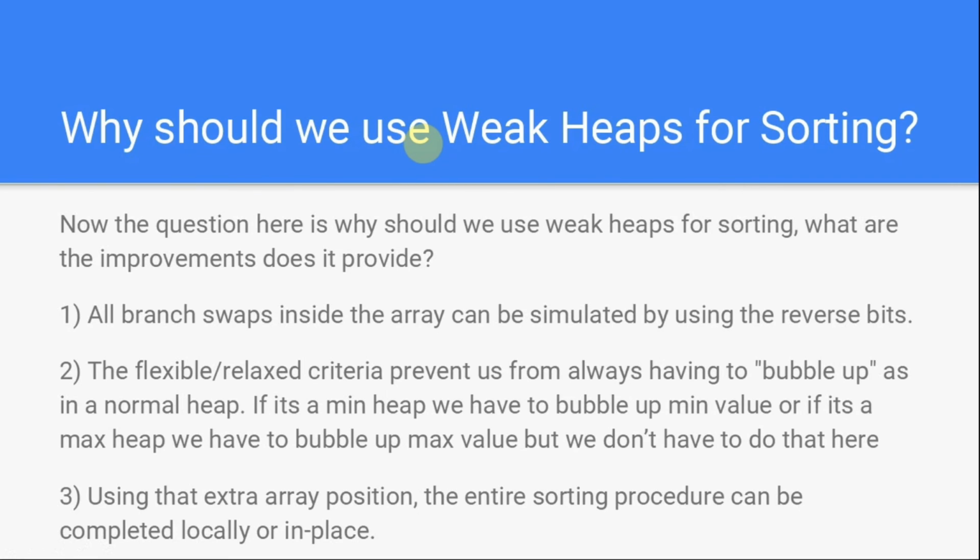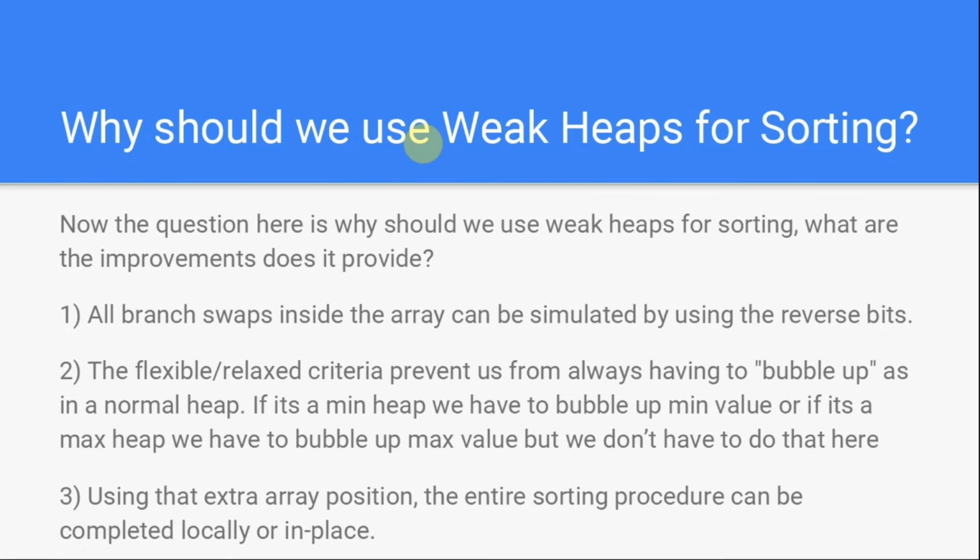The second point says that the flexible or relaxed criteria prevents us from always having to bubble up, as in a normal heap. In a normal heap, if it's a minimum heap, we have to bubble up the minimum value to the top, or if it's a max heap, then we have to bubble up the maximum value to the top, but we don't have to do that here. So this is going to save us a lot of time, hence weak heaps are a little bit faster.